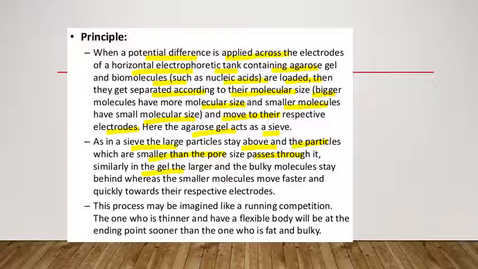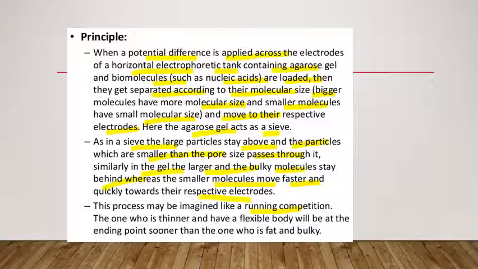Similarly, in the gel, the larger and bulky molecules stay behind, whereas the small molecules move faster and quickly to their respective electrodes. So we can imagine this migration or movement of the particles like a running competition or a race.